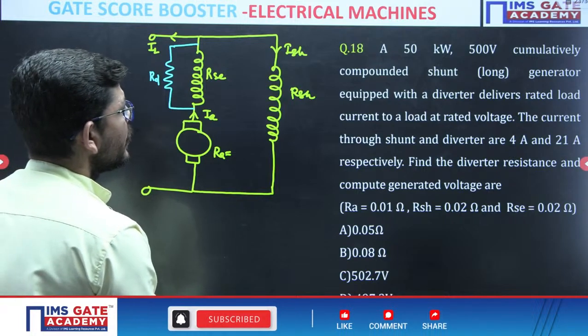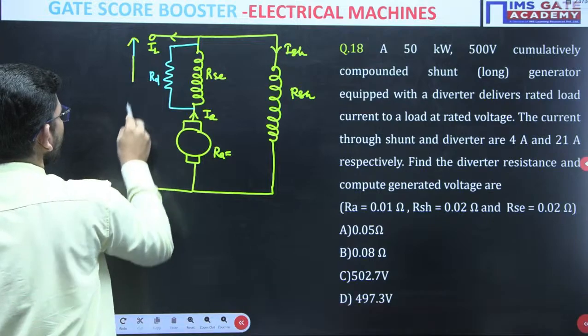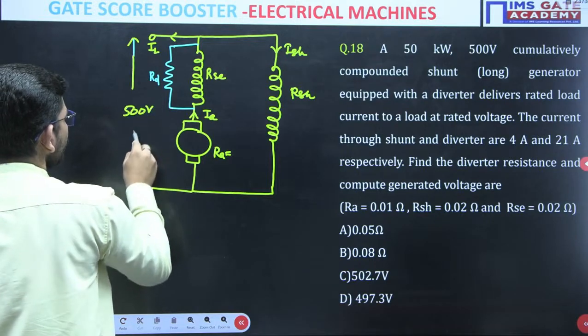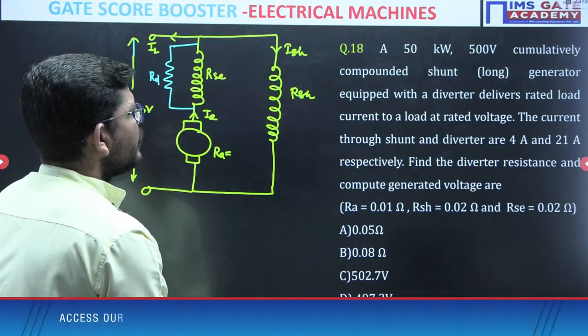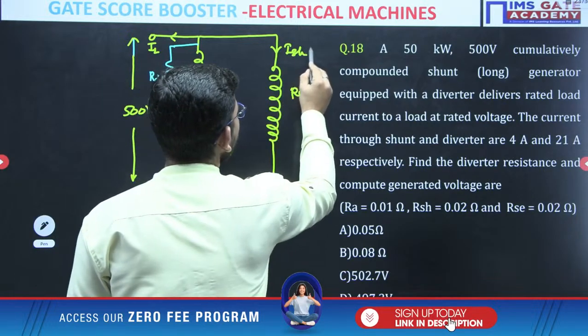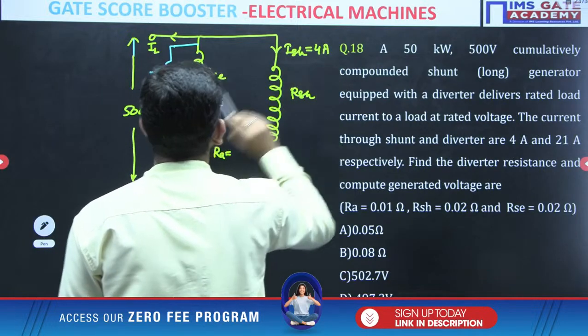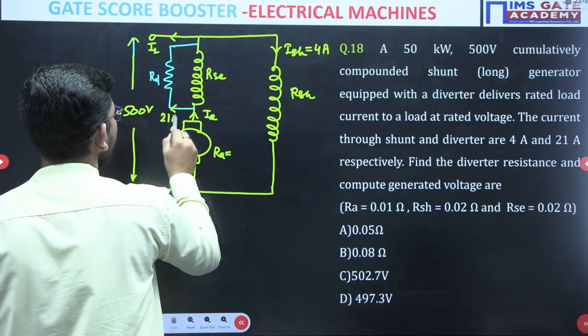The voltage is 500 volt. The current through the shunt and the diverter are 4 ampere and 21 ampere. This current is 4 ampere and the current through the diverter is 21 ampere.